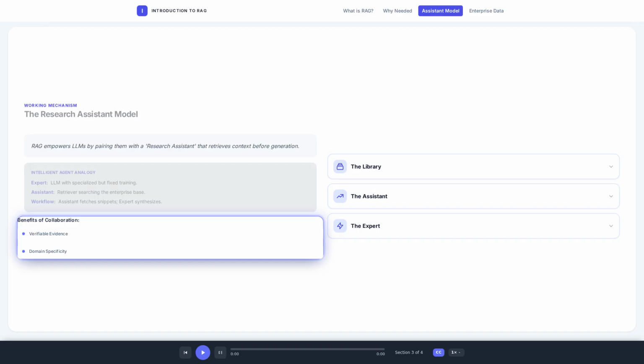It also allows the LLM to handle highly domain-specific queries accurately because the retrieved context is tailored to the exact need. So, the key idea is that RAG empowers LLMs by pairing them with a research assistant that retrieves context before generation. This collaborative model enables more informed and accurate AI responses.